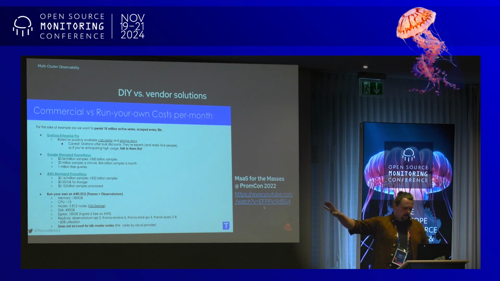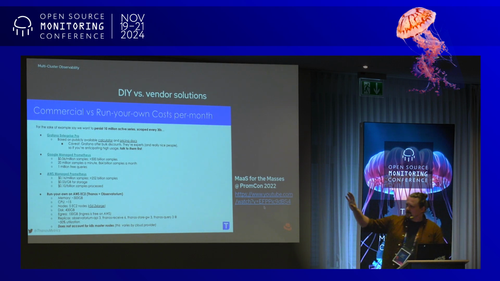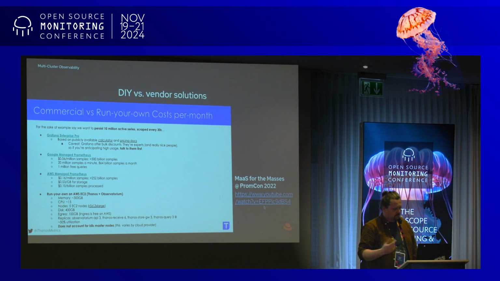So they have used data from Grafana Enterprise, from Google Managed Prometheus, from AWS, compared to our own setup. This is data from 2 years ago, so prices might have changed, but at least it gives you an idea of the scale.